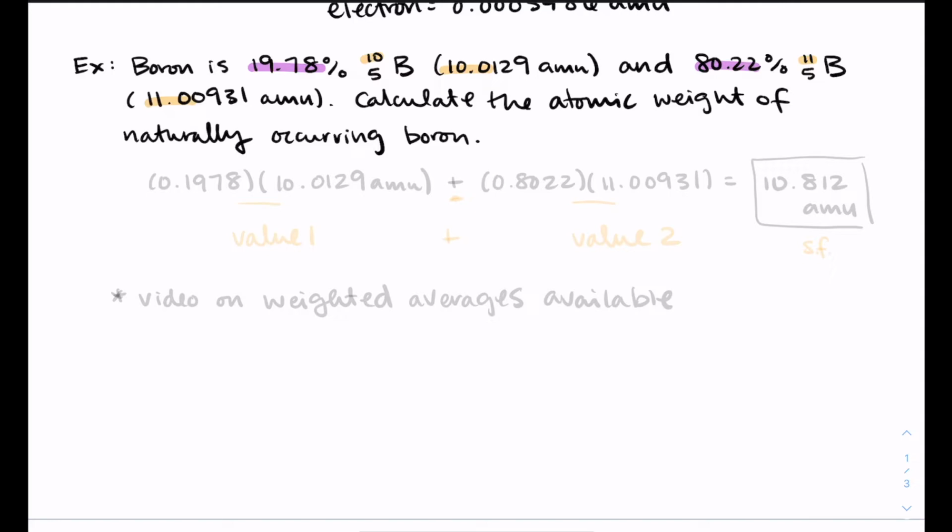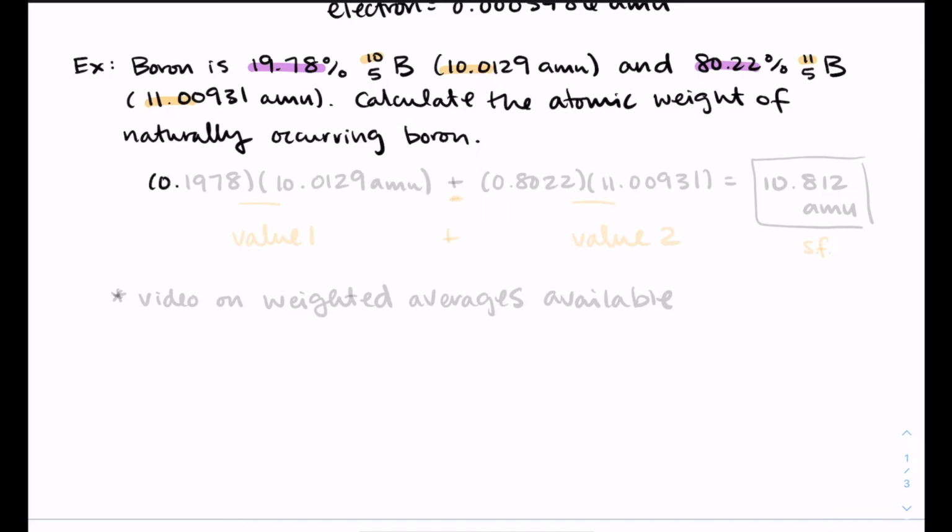Well, each of the protons and neutrons weigh approximately 1 atomic mass unit. So our boron 10 should have an atomic mass around 10, and our boron 11 has an atomic mass around 11.